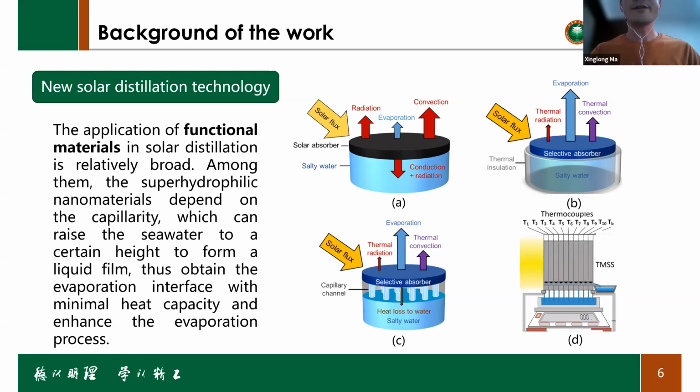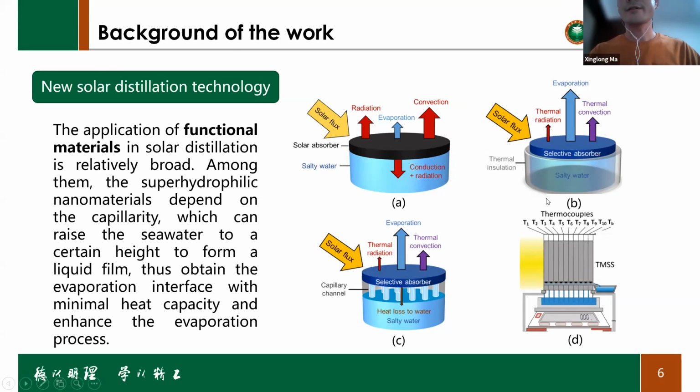Figure A shows that if we put a special material on the surface of the water, the water will penetrate into the material, and if the sun heats the surface of the material, the seawater can also be heated and will evaporate.